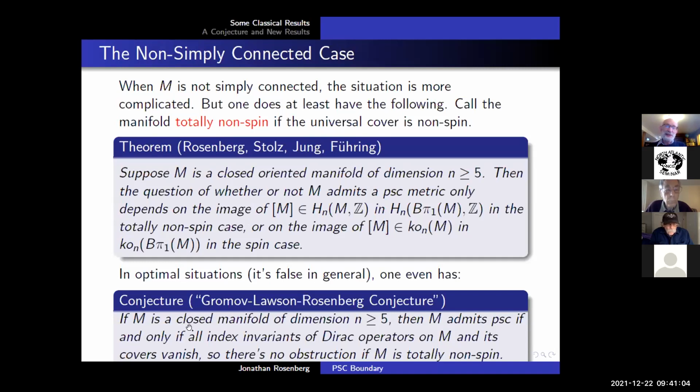That's basically the statement that if you have a closed manifold M of dimension greater than or equal to 5, then it should admit a metric of positive scalar curvature if and only if all index invariants of Dirac operators on M and its covers vanish. In other words, the obstructions coming from index theory are the only obstructions to positive scalar curvature. And one consequence of this would be that if M is totally non-spin, it should always admit positive scalar curvature.